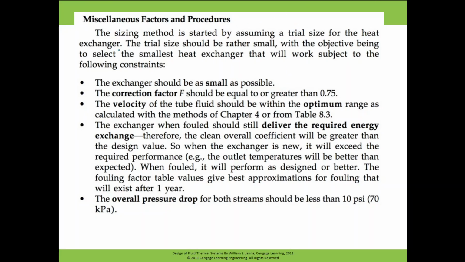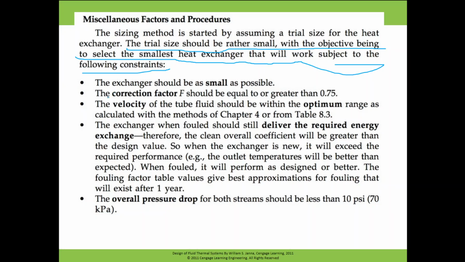The trial size should be rather small, with the objective being to select the smallest heat exchanger that will work subject to the following constraints. So the exchanger should be as small as possible.